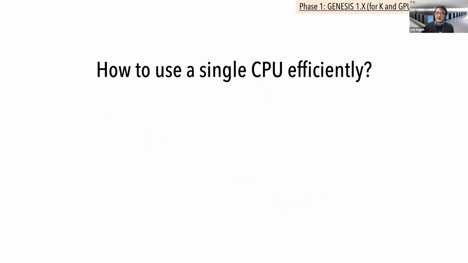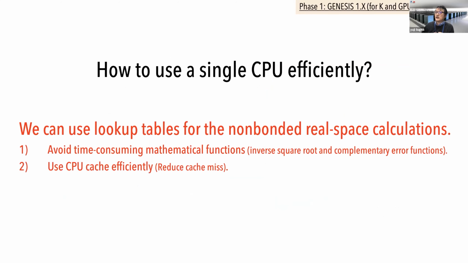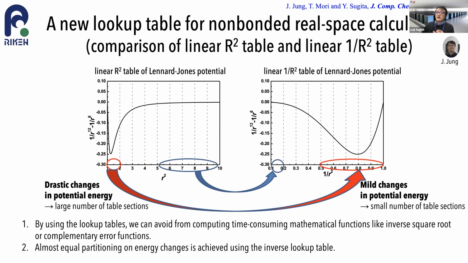So the first thing we have to do is how to use a single CPU efficiently. And for this, we are using a lookup table for the non-bonded real space calculation. This is actually a very common approach in all MD calculation.